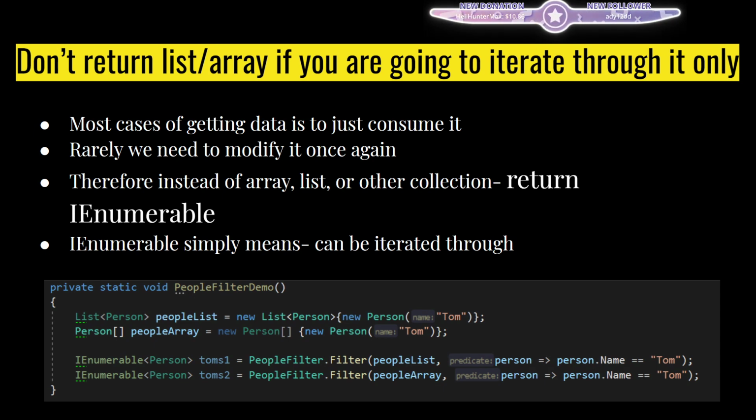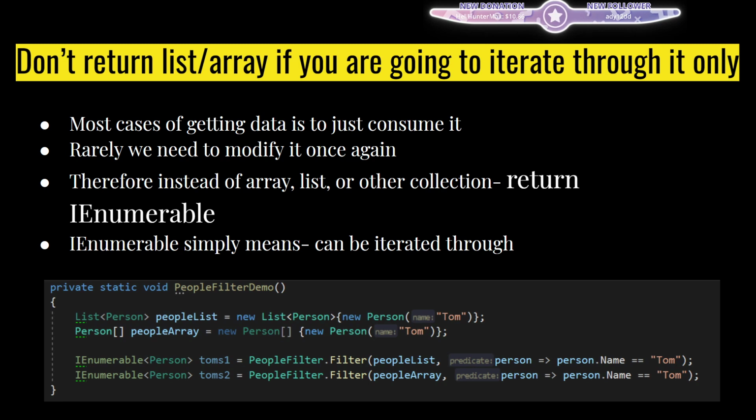So here you can see we have a list of people and person array, right? So people list, people array. And each of that has a single person, which is a detail. It can be many people, it can be no people, doesn't matter. But it's a list and array. Two different data structures, very different data structures.